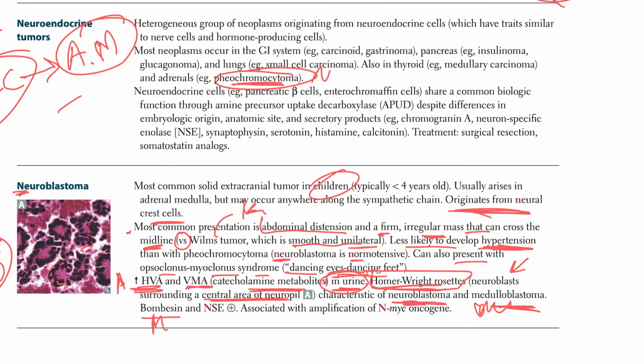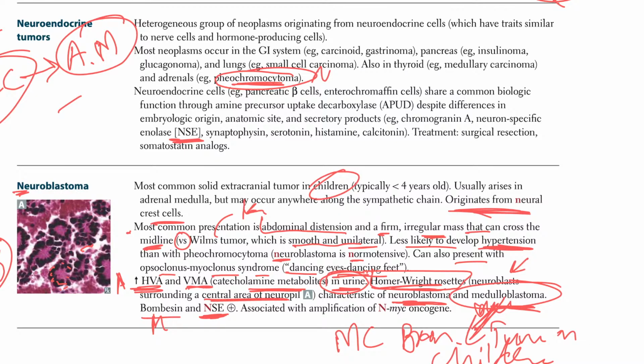Bombesin, high yield, and NSE. NSE is from before. Bombesin is new here. So NSE and bombesin positive. Again, let's look at what medulloblastoma was. It is the most common brain tumor in children, and it most commonly involves the cerebellum.